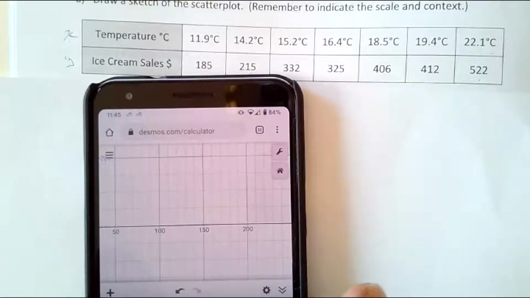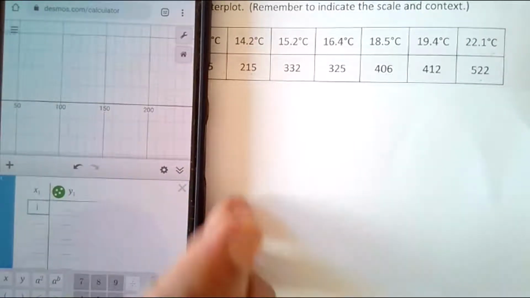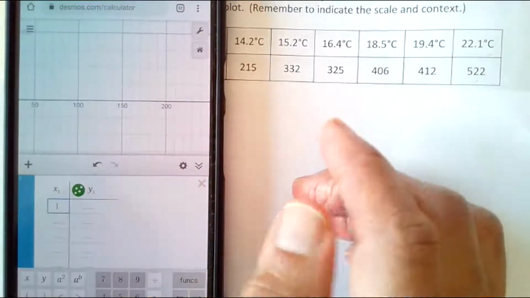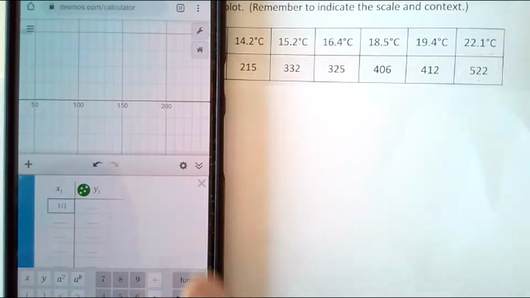Okay. So for my calculator, I'm going to start here, make sure I got my light. Okay. So my first is 11.9. Next is 14.2.